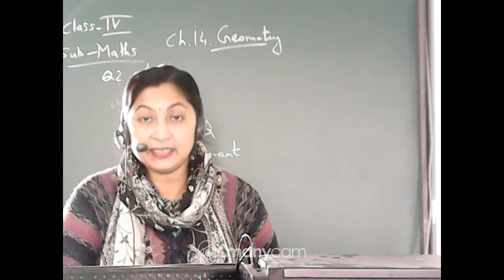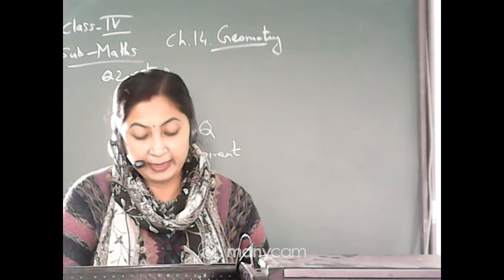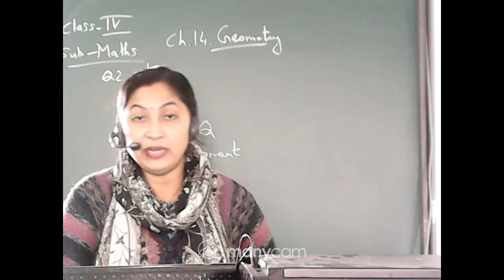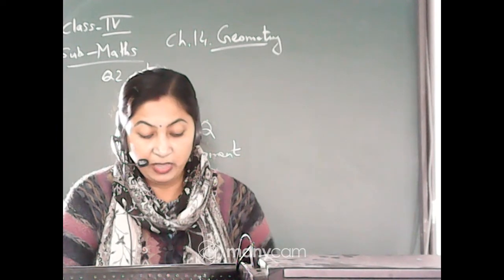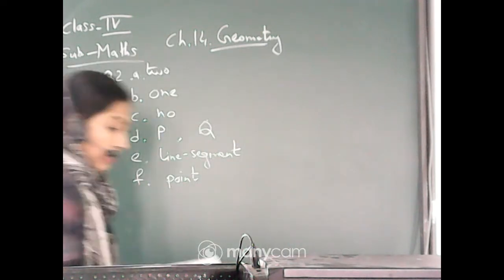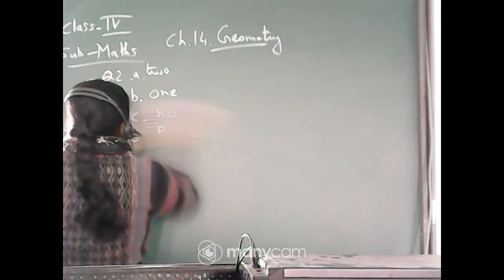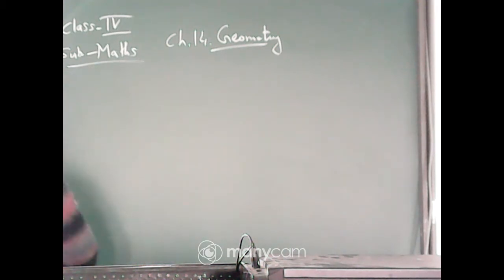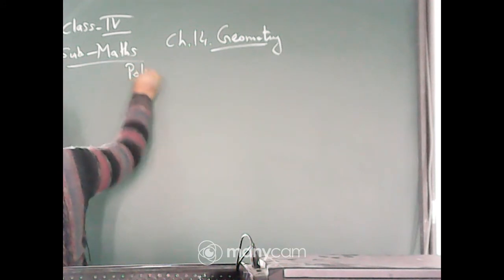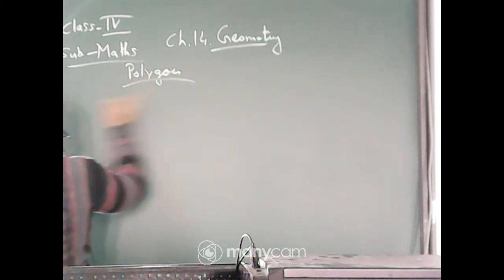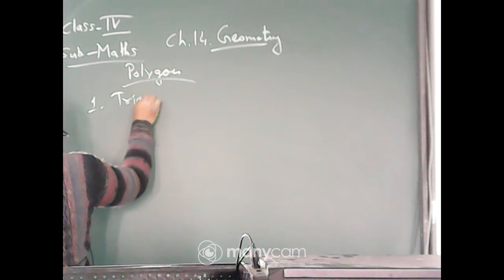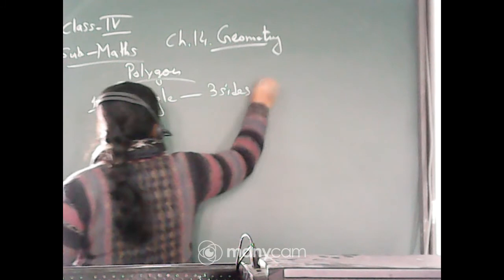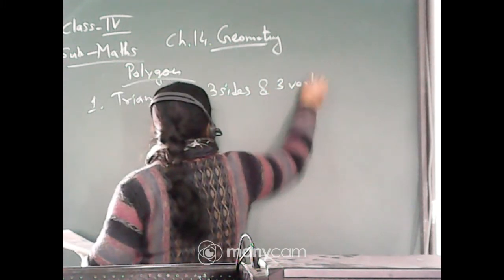Let us discuss triangle. As you know, a triangle has 3 sides, and you have to name the 3 sides, and it has 3 vertices. Suppose I am drawing a triangle. For the polygon, the first one is triangle. So as you know, a triangle has 3 sides and 3 vertices.